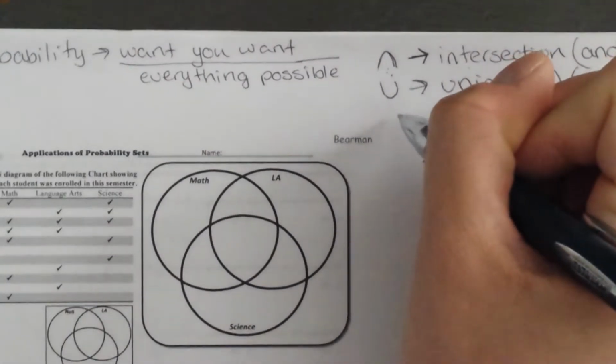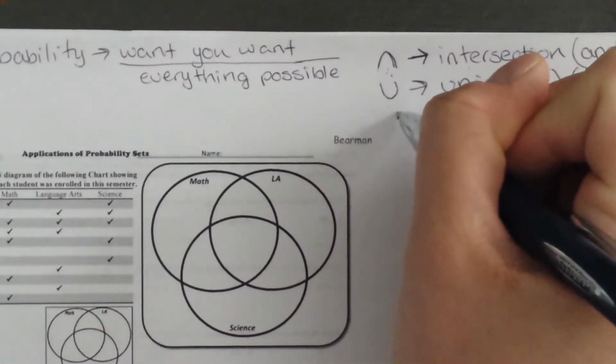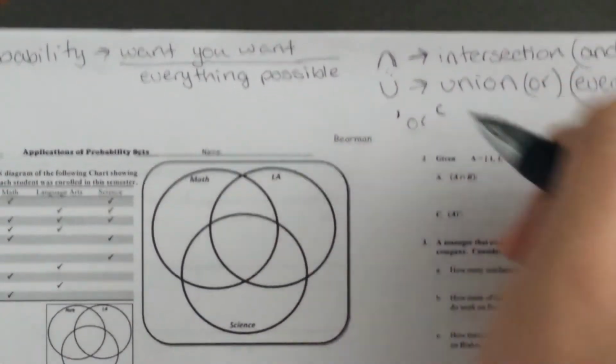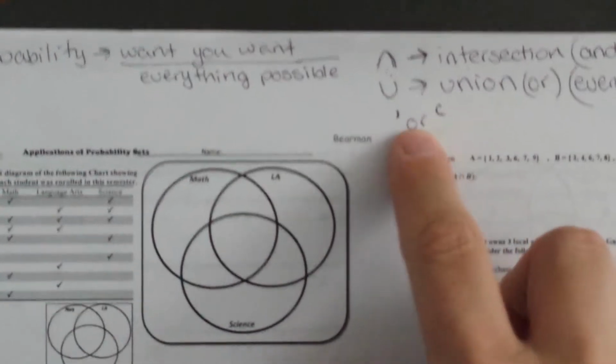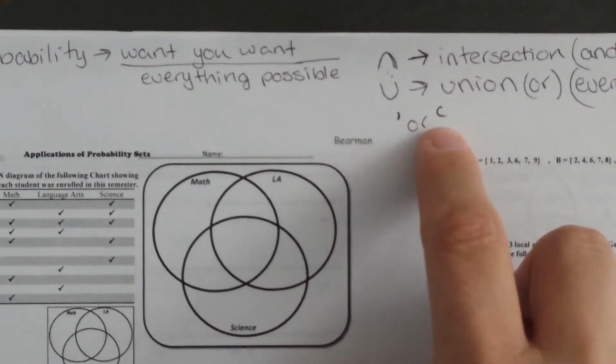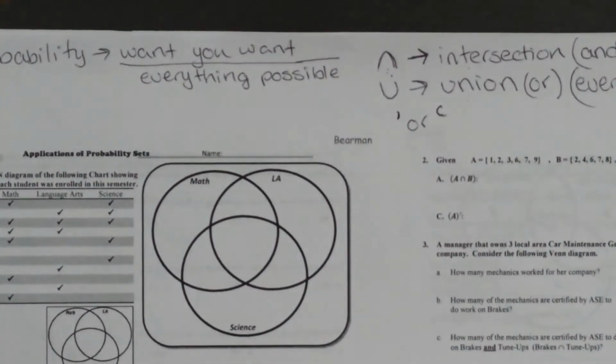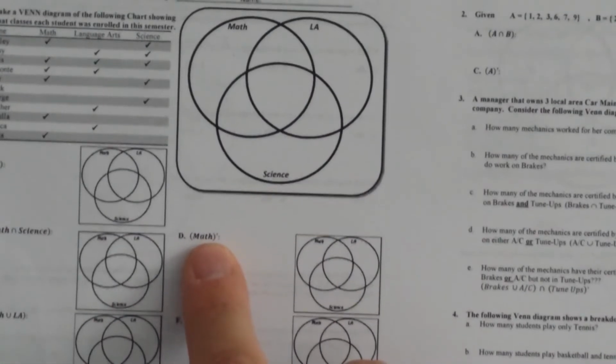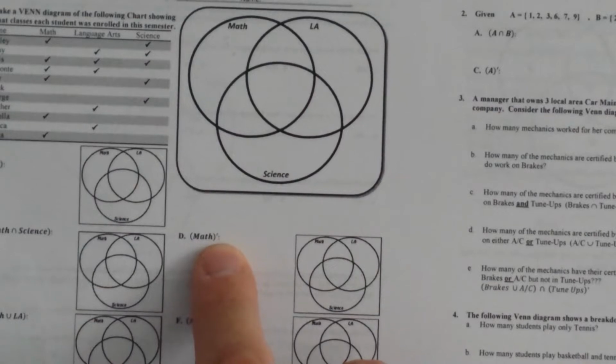One other thing I wanted you to add real quick is whenever you see an apostrophe or a little c, they're always going to be subscripts. They're always going to be tiny and at the top of the word. For example, right here, you can see it. You have math, and then a little tiny apostrophe at the top.